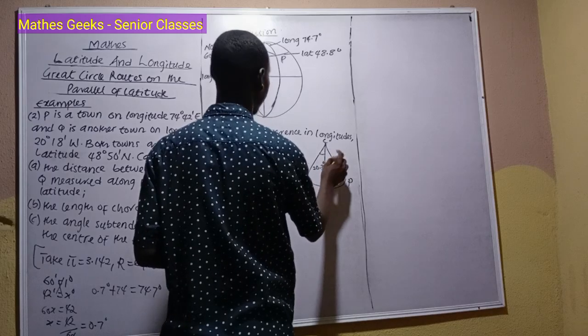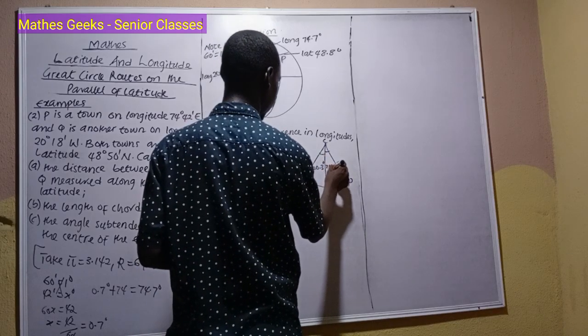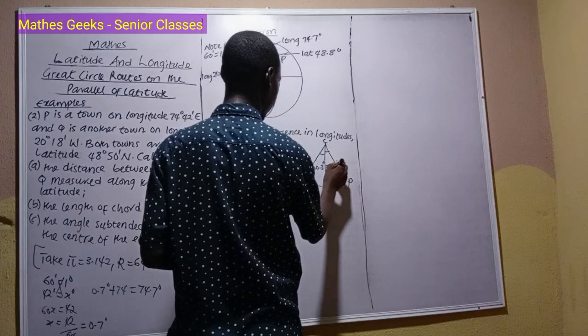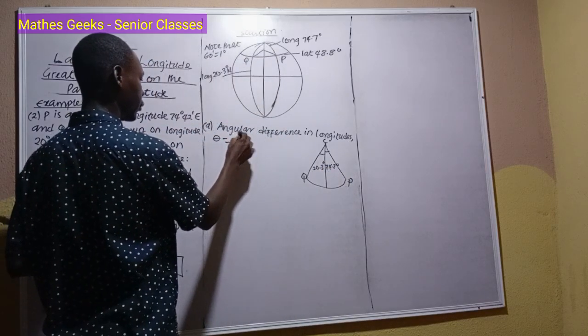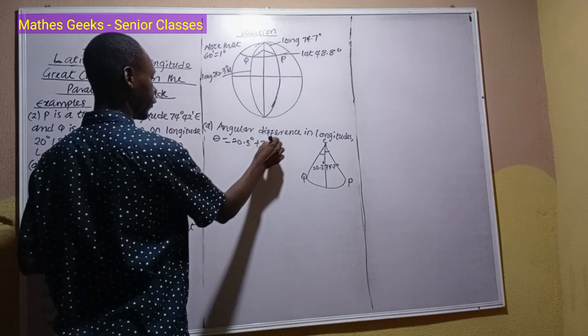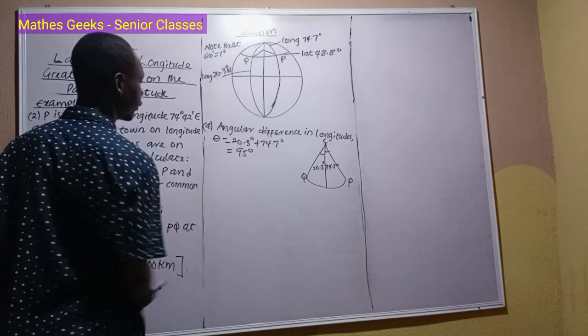20.0 degrees, and P is 74.7 degrees. So 20 degrees plus 74.7 degrees is 95 degrees.